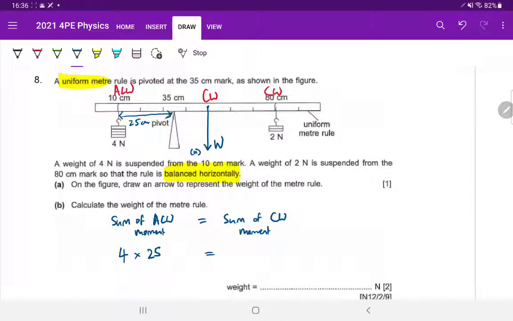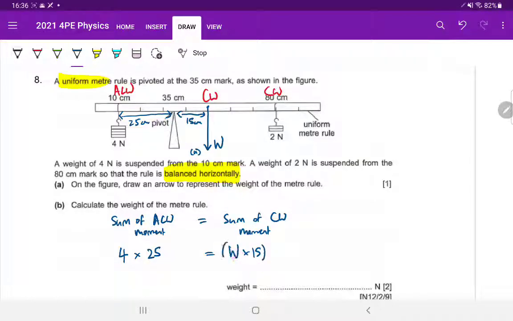And then the sum of clockwise moments. Let's write out W, so our weight, times the distance from the weight to the pivot. If this is the 50 cm mark and this is 35, the distance between here is 15 cm.